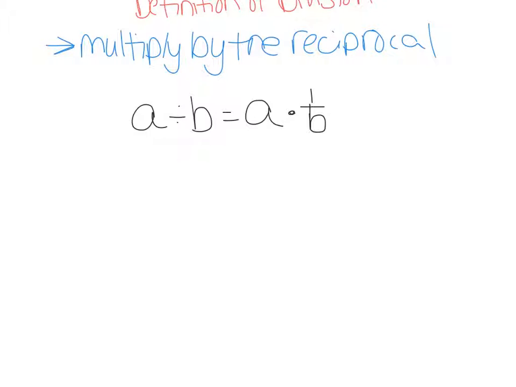Before we move on to some examples, I want to go right back over those rules of multiplying and dividing positive and negative numbers, just as a review. Just as a reminder, the rules for dividing are the exact same as for multiplying. If I have a positive number divided by a positive number, the answer is always going to be positive. If I have a positive number divided by a negative number, then that one is going to be negative.